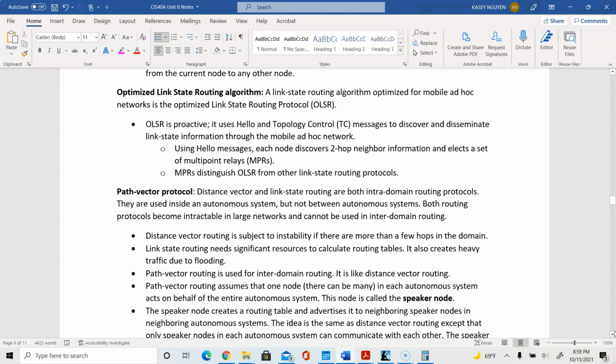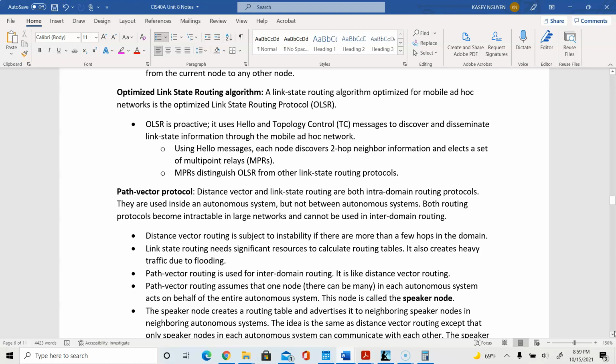Path vector routing is used in the interdomain, and it assumes that one of the nodes in each of the autonomous systems acts on behalf of each of those nodes. Those are called the speaker nodes.